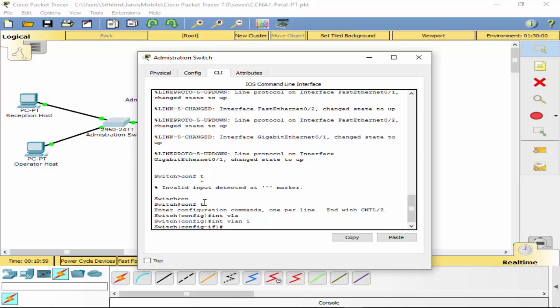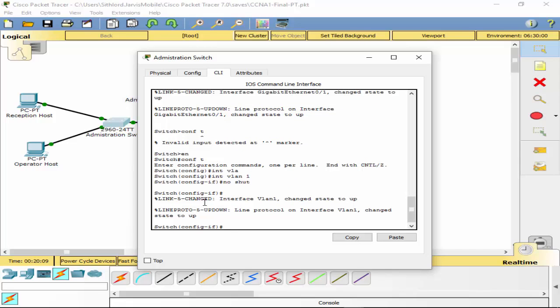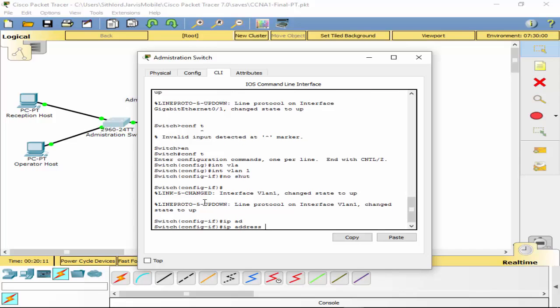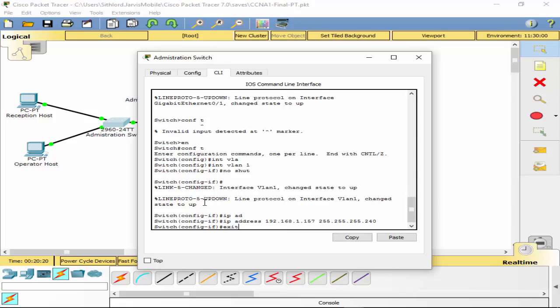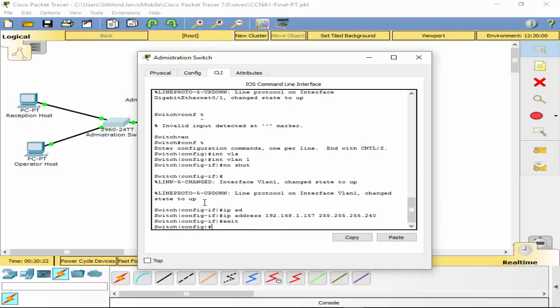That's how we manage this switch. Remember, a switch is layer 2, but this is how we can telnet or SSH to it, and we'll be SSHing to it today. So then we're going to say no shut, and IP address 192.168.1.157 255.255.255.240.